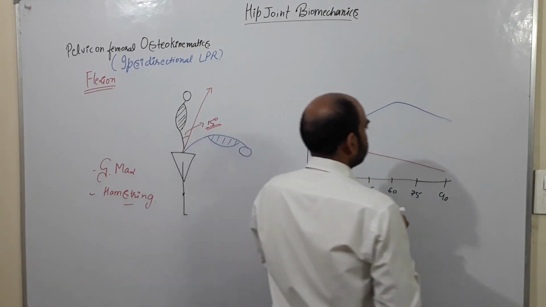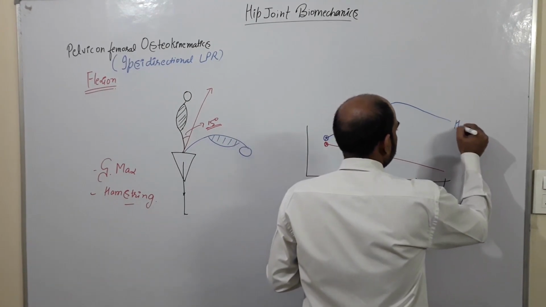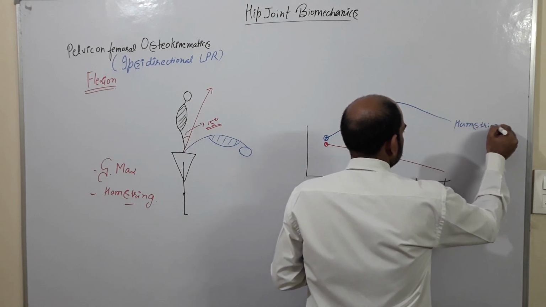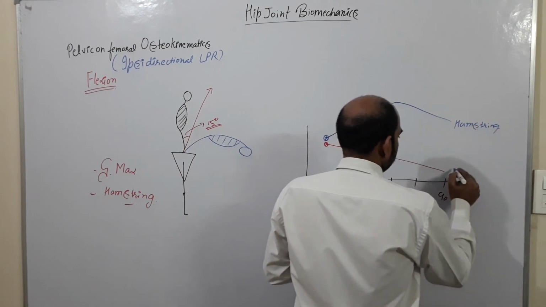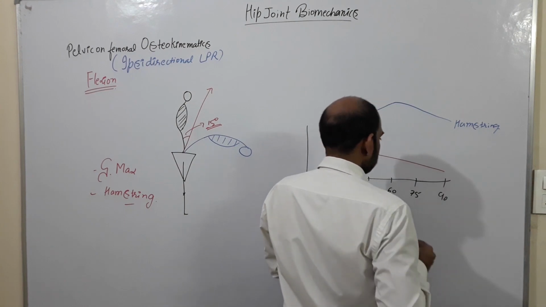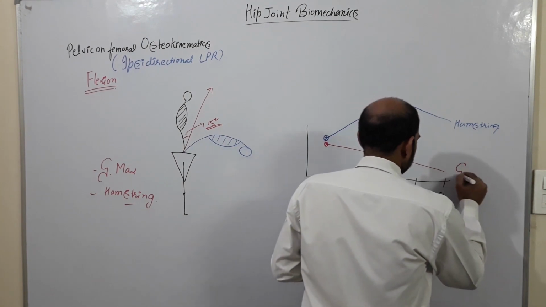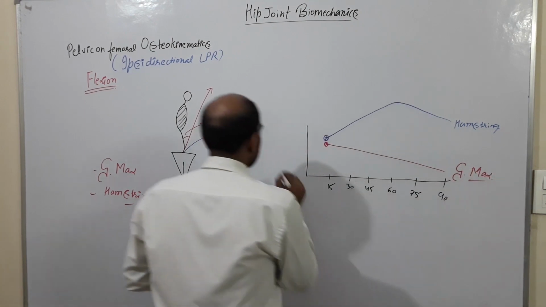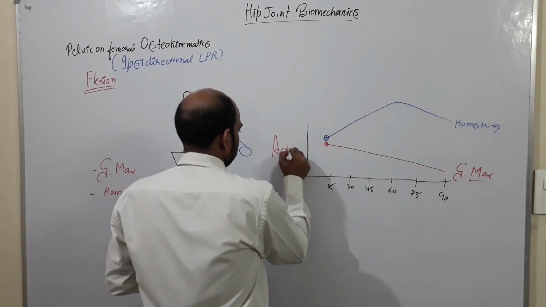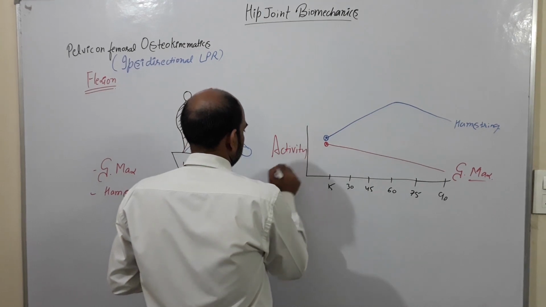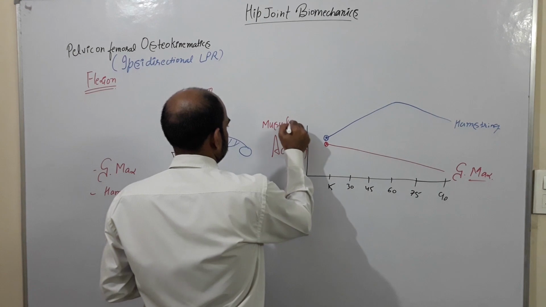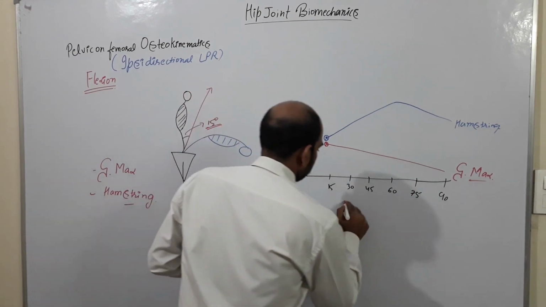So this is the activity of the hamstring, and this is the activity of gluteus maximus, means Gmax. The axes are muscular activity and trunk flexion.